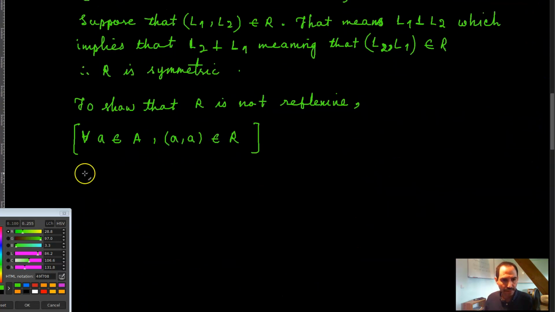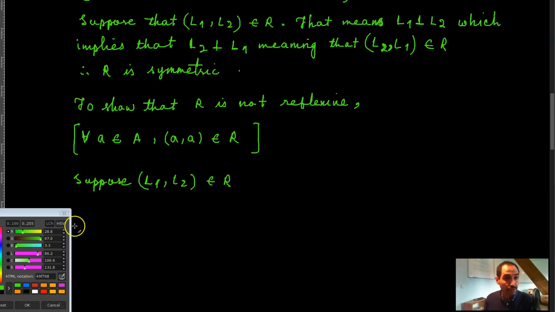So now let's suppose that L1 comma L2 belongs to R. About being reflexive, we don't really need to consider this condition here.